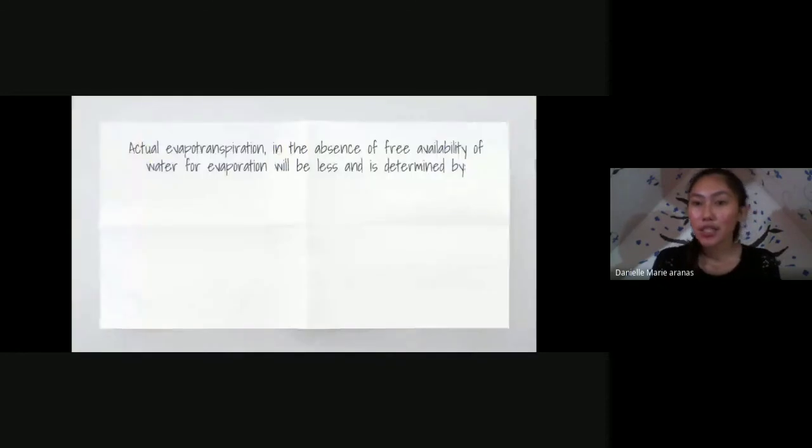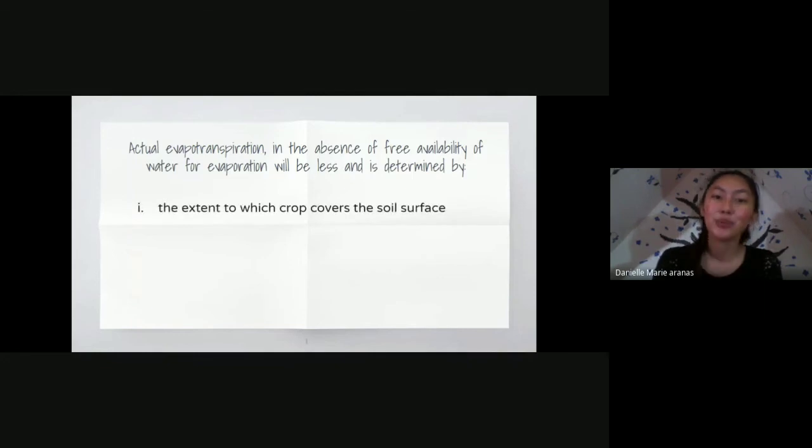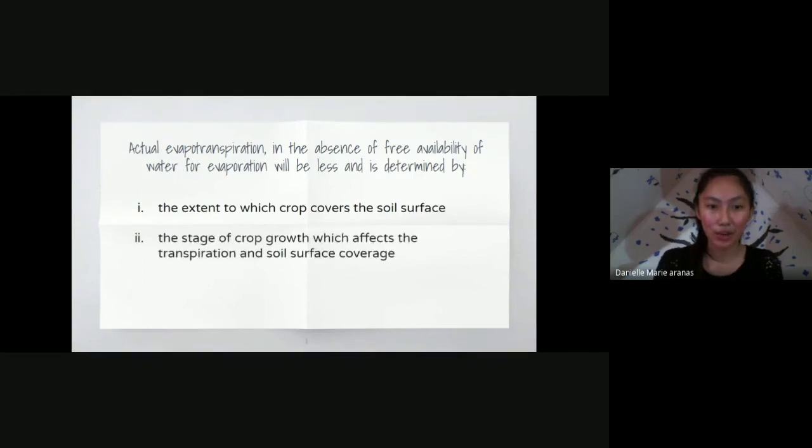Now, the actual evapotranspiration, in the absence of free availability of water for evaporation, will be less and determined by the extent to which crop covers the soil surface and the stage of crop growth which affects the transpiration and soil surface coverage, and lastly is the soil water supply.